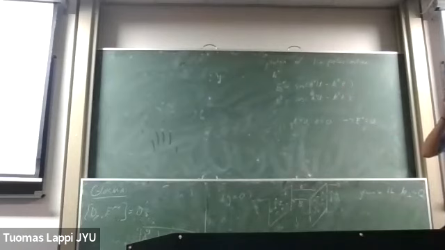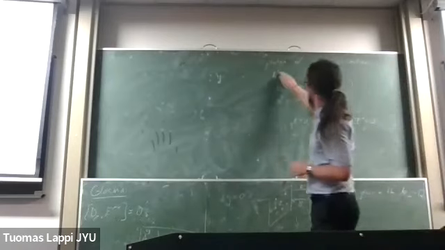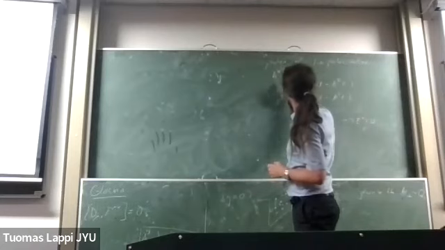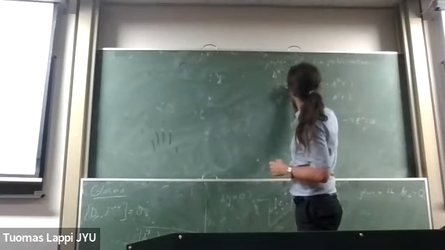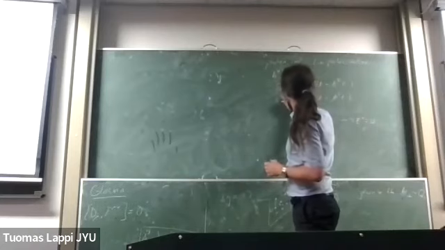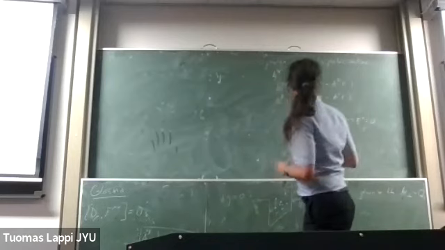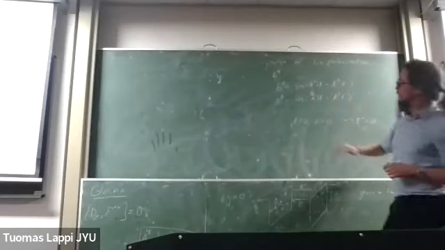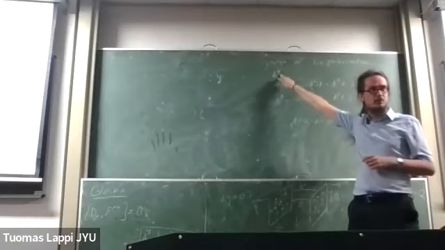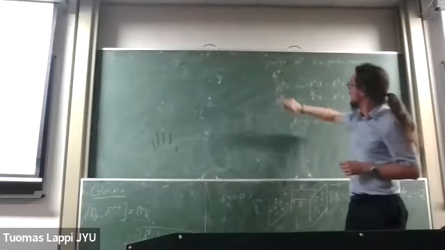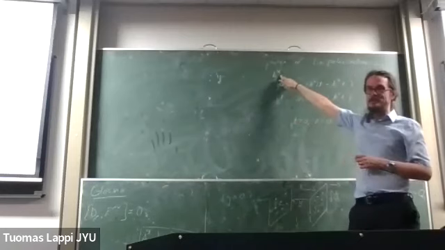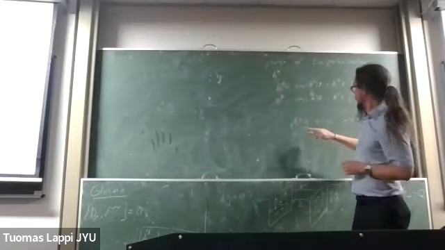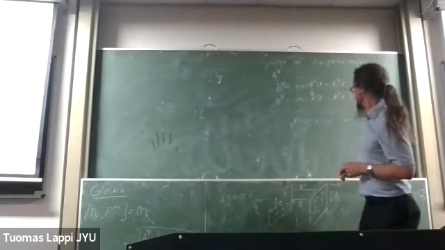Well, okay, so now let me choose my axes in a different way. I make this x, and I'll make this y, and I'll make this z, right? And now I have a photon or a gluon which has a momentum in the x direction.